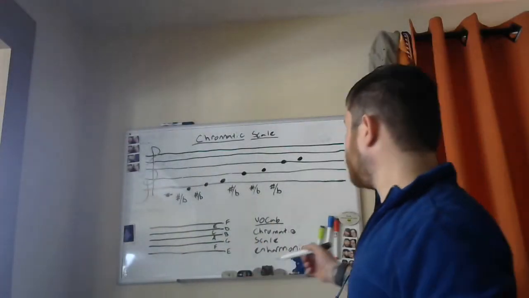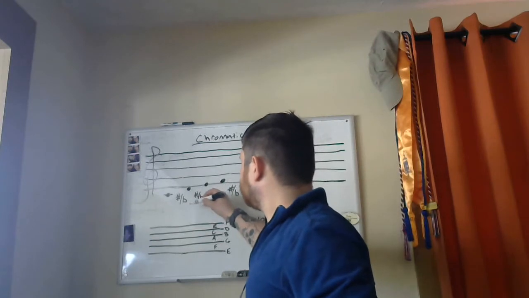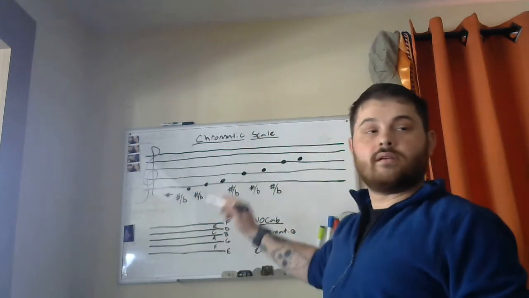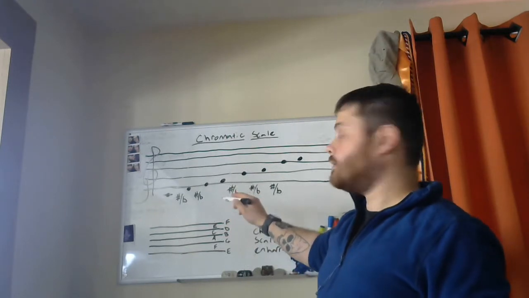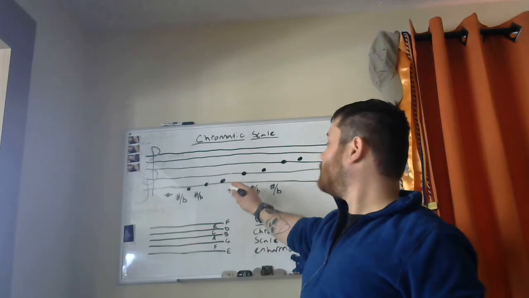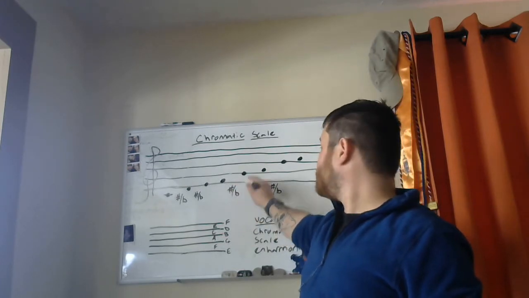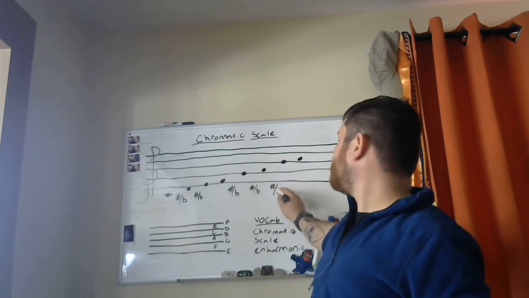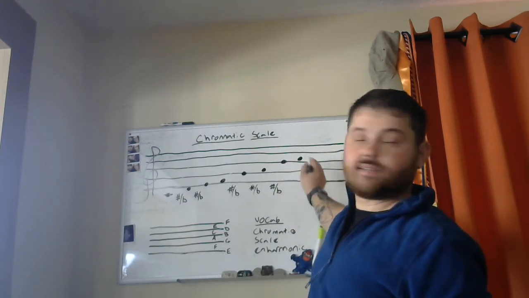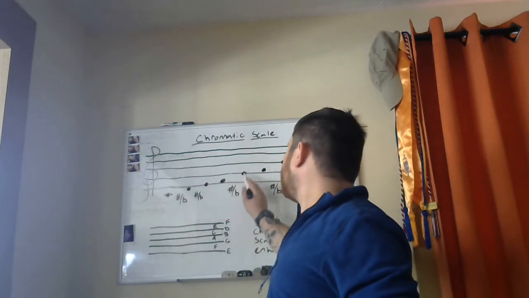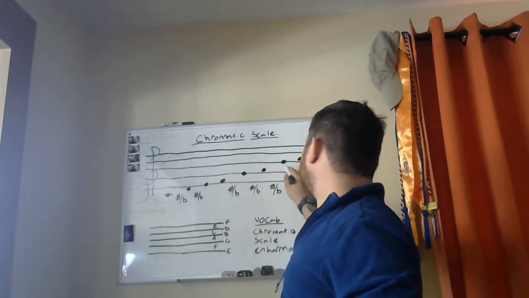So the notes we're working with in the chromatic scale are C, some sharp or flat, D, some sharp or flat, E, F, some sharp or flat, G, some sharp or flat, A, some sharp or flat, B, C. So let's count them. 1, 2, 3, 4, 5, 6, 7, 8, 9, 10, 11, 12.